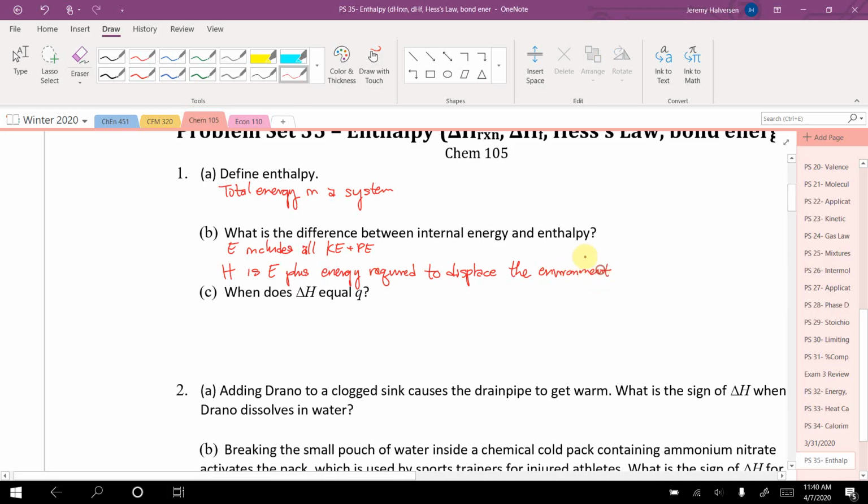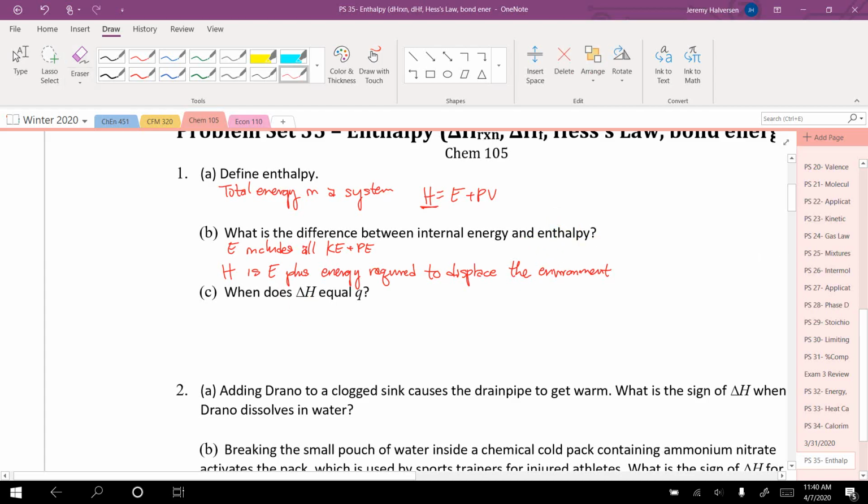Let's write an equation and see if that makes more sense. So enthalpy is energy plus P times V. So we have your internal energy, and then you add to that the pressure required to stay at the volume that the system is at, and that gives you your enthalpy.